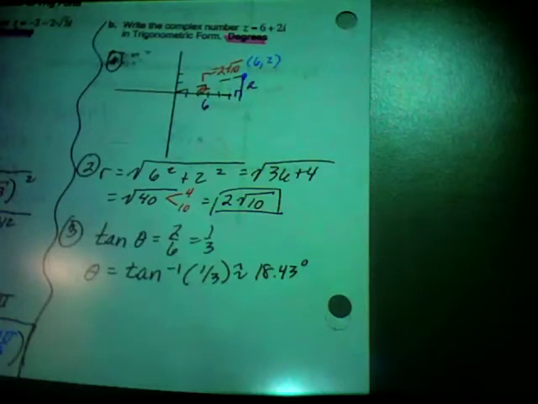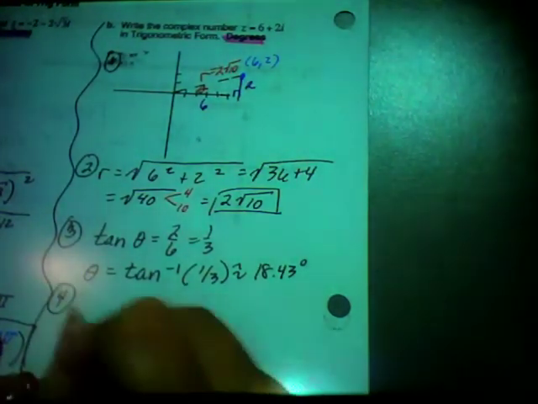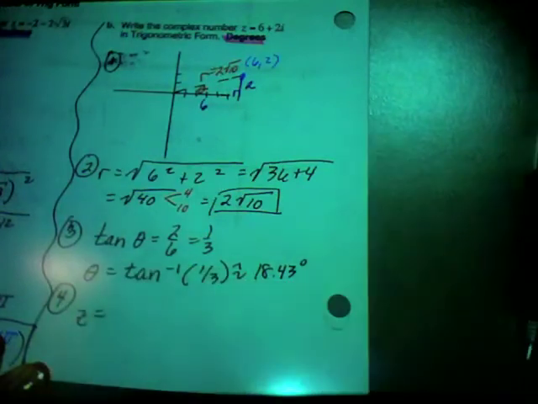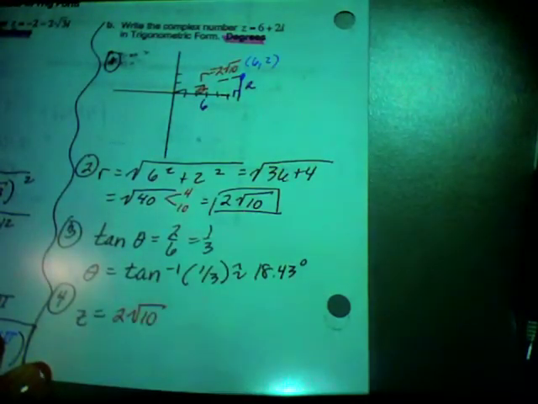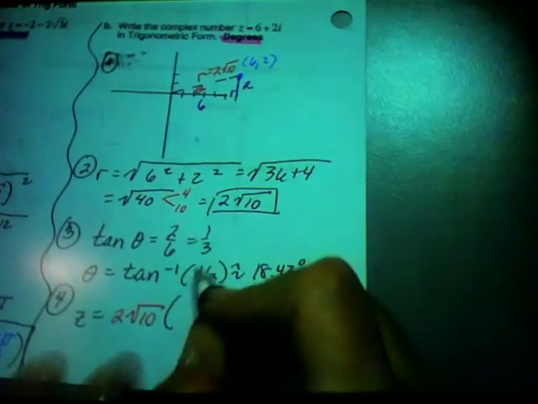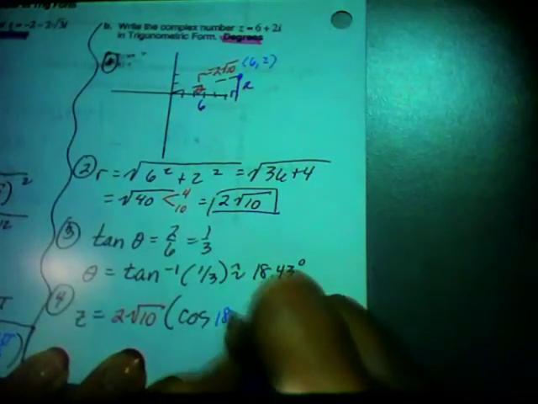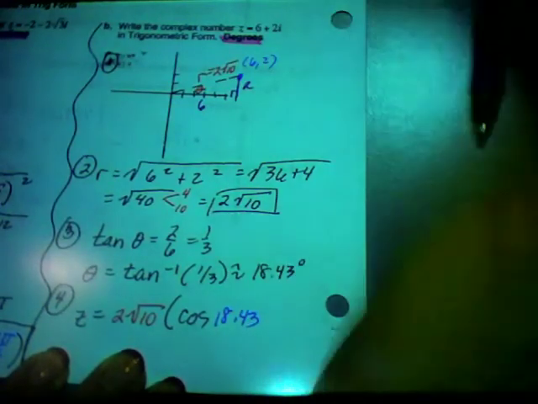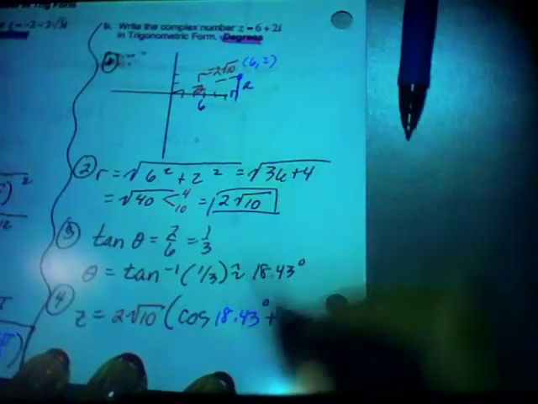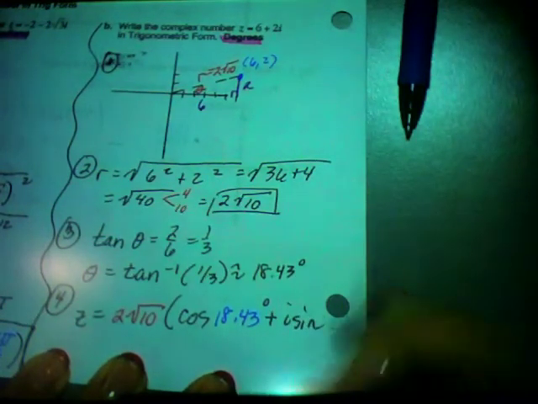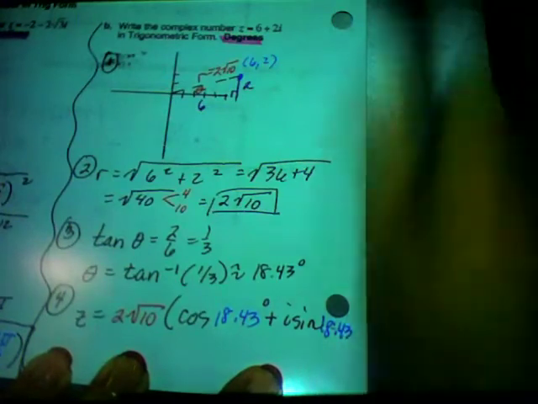So now we have our degrees, we have our r. All you have to do is write z equals, your r is 2 rad 10, and then parentheses cosine 18.43 degrees plus i sine 18.43 degrees.